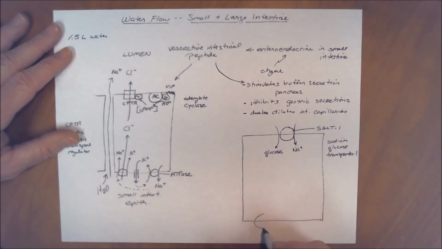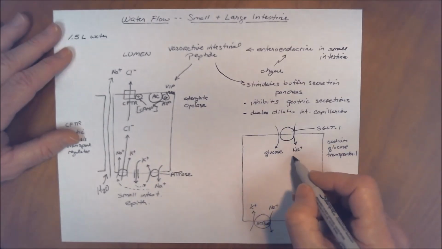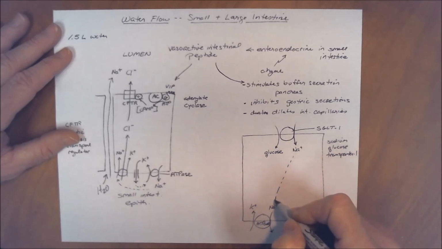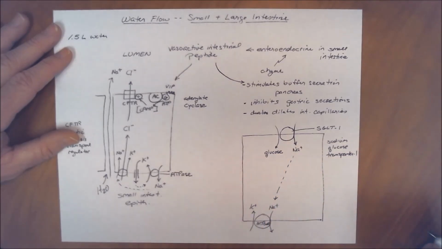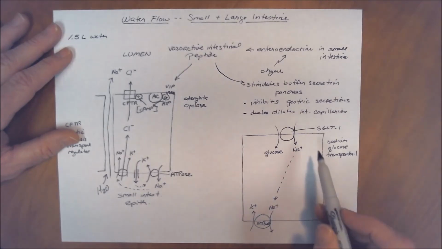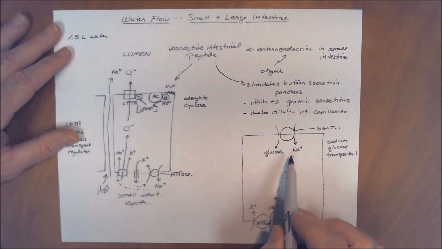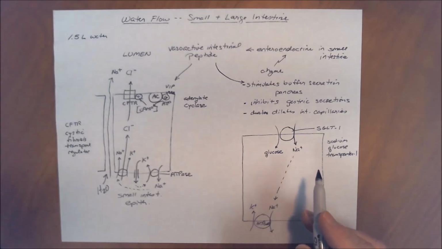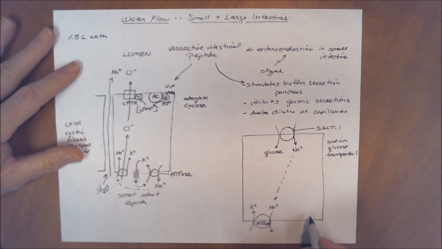On the basal surface, we have, once again, our familiar sodium potassium ATPase. Now this is using, again, the energy of ATP hydrolysis to drive this sodium out. So we have a very large flow of sodium into the body. We also are establishing a gradient of sodium, which is driving the glucose, and that is causing a glucose gradient to form.